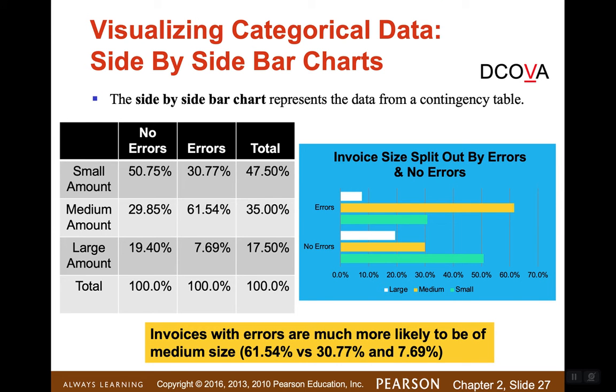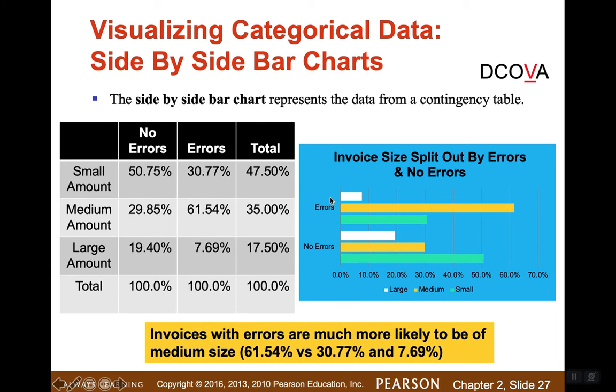And then, where we have more than one categorical variable, we can create a side-by-side chart. We've done all of our calculations here, and we can represent it as errors and no errors, matched up against our percentage on the horizontal.